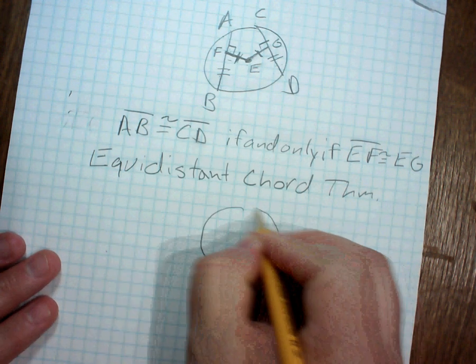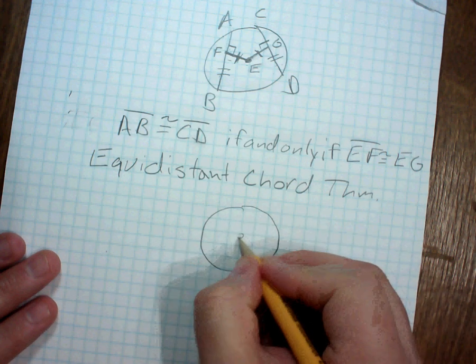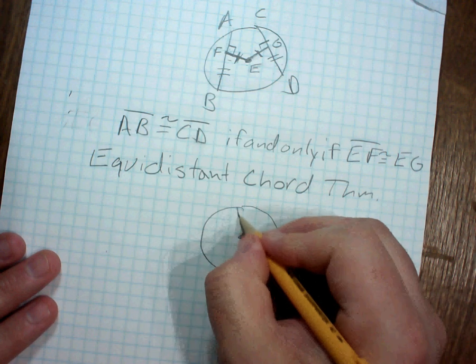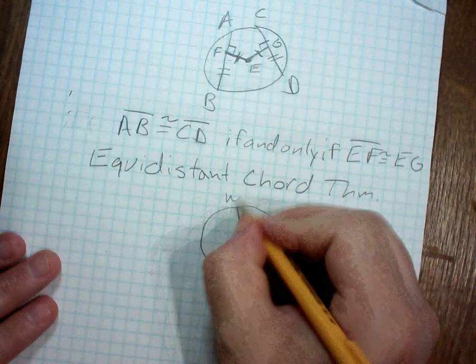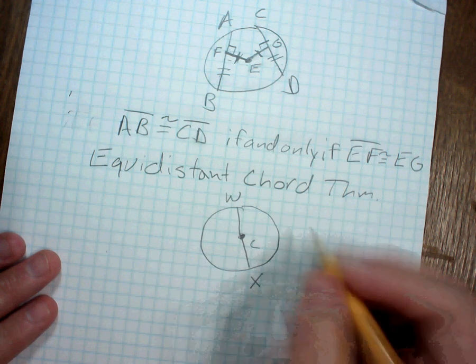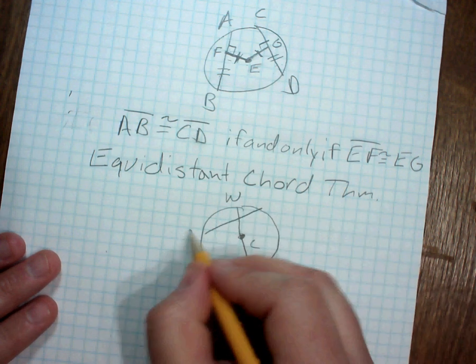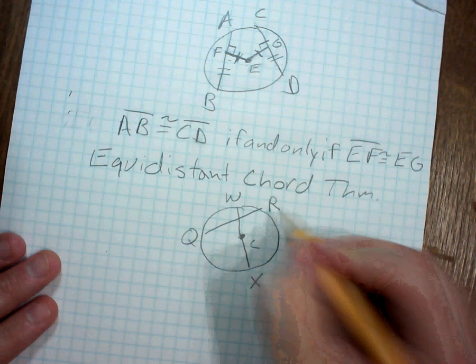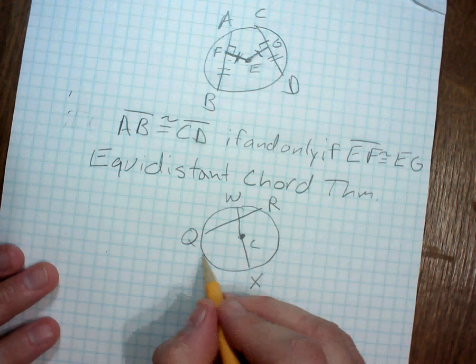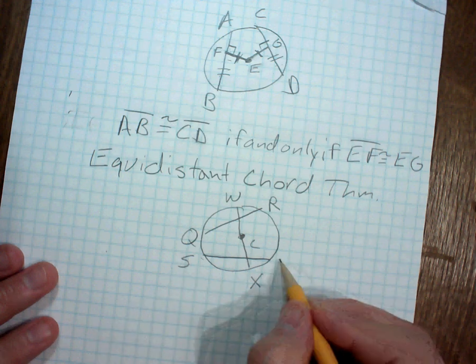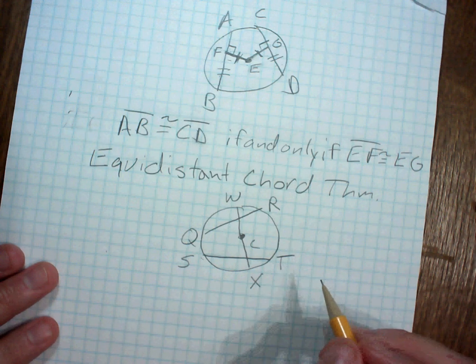So example 4 is really this. I have a circle C, and a line here. This is W, this is X. I have Q and R, and then I have S, and then I have T. Okay?